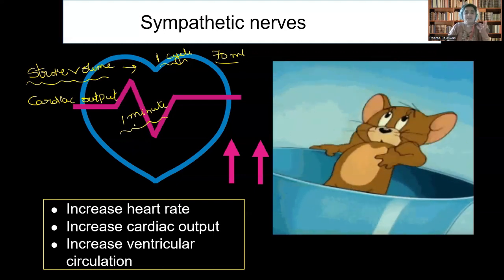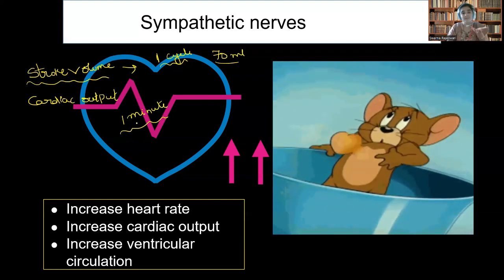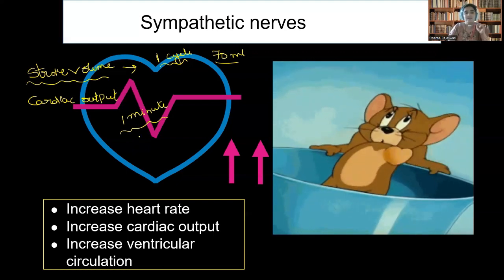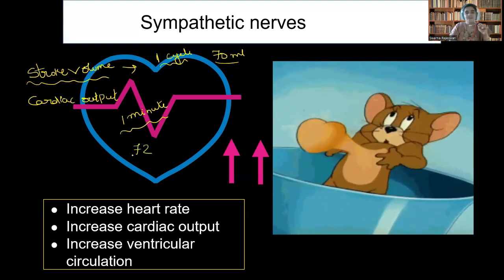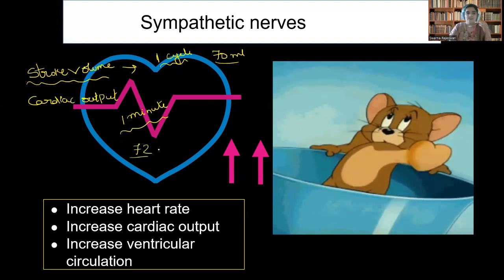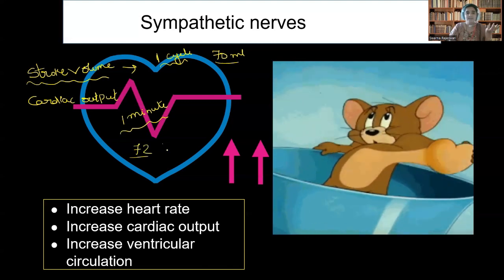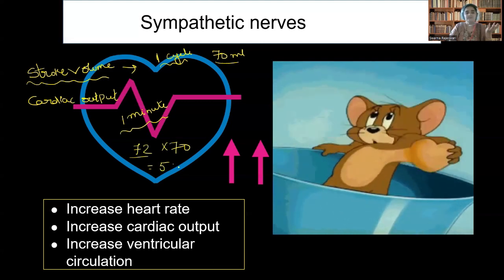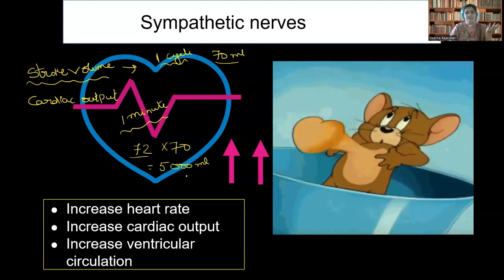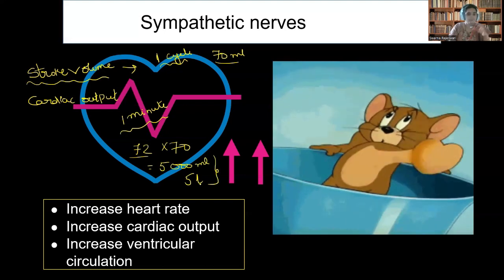The cardiac output is the amount of blood that is pumped from the ventricle when it contracts in 1 minute. We know that in 1 minute our heart beats 72 times. So the amount of blood that is pumped is 72 into 70. It will round to about 5,000 ml, so about 5 liters of blood will be pumped.